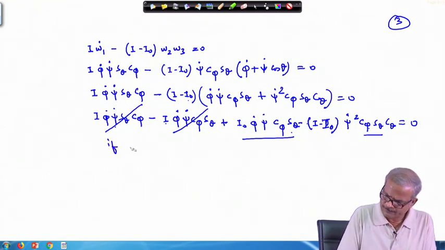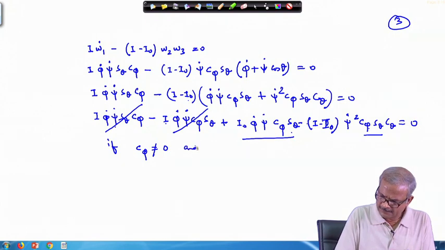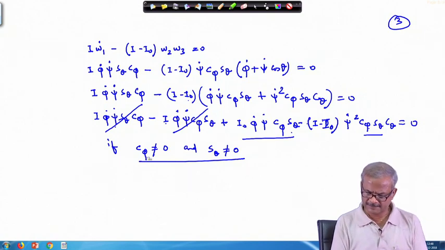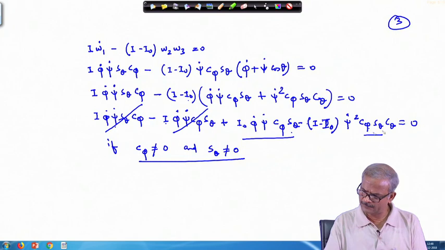So, if C phi is not equal to 0 and S theta is not equal to 0, because we are going to divide both sides by C phi and S theta to eliminate them.